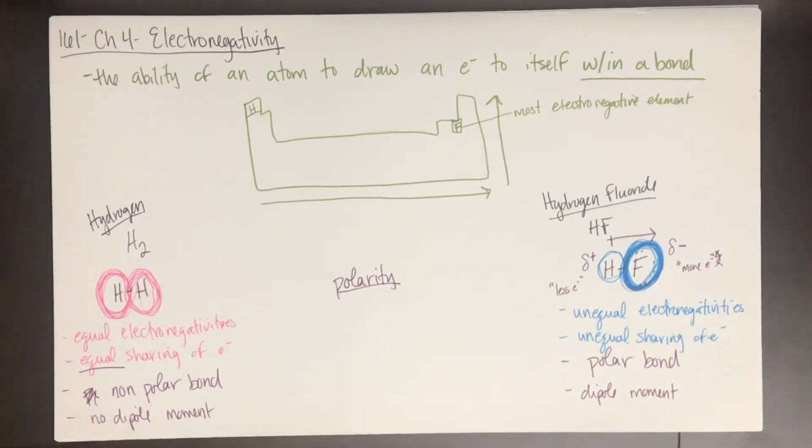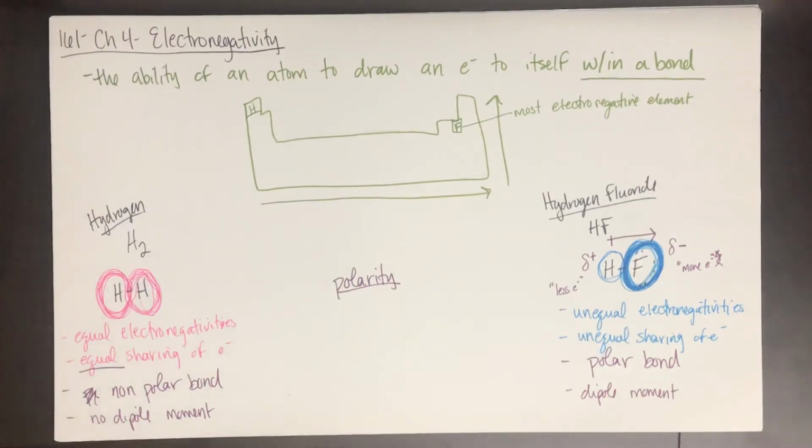There are actually values by which you can determine if a bond is polar or not, and you would be provided a chart that tells you how. Let me find where that is in your textbook.